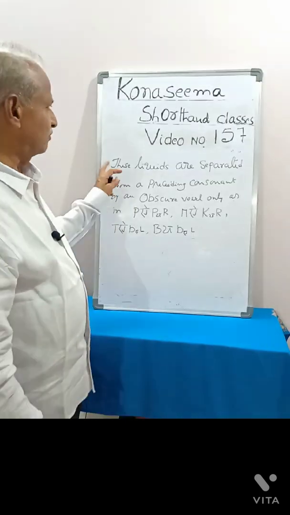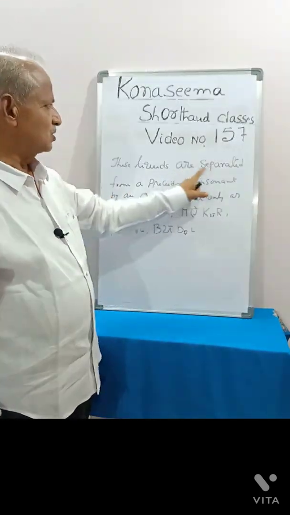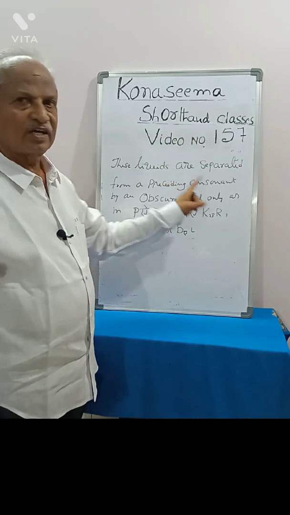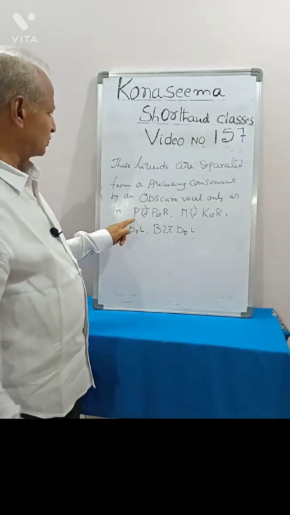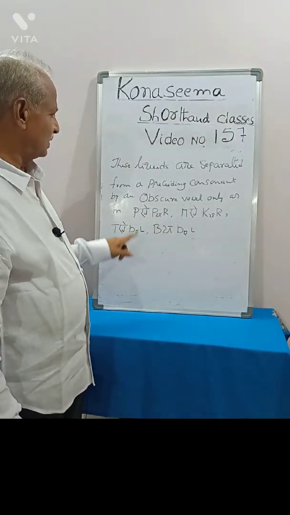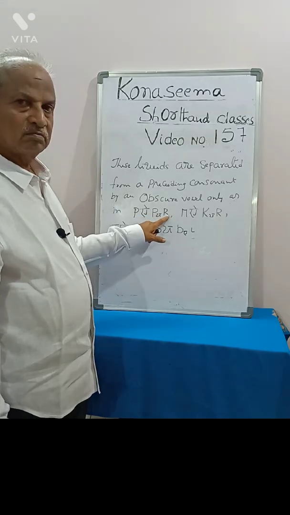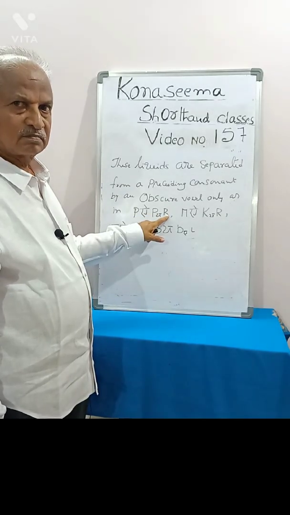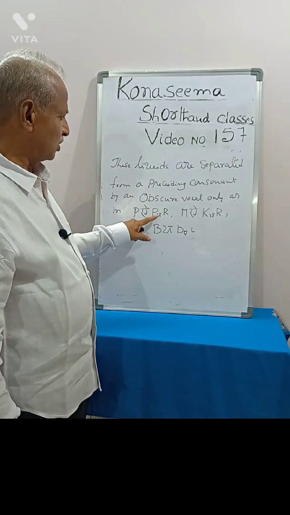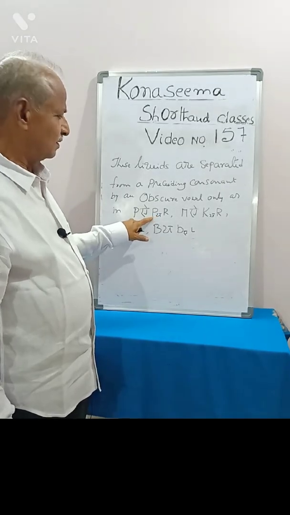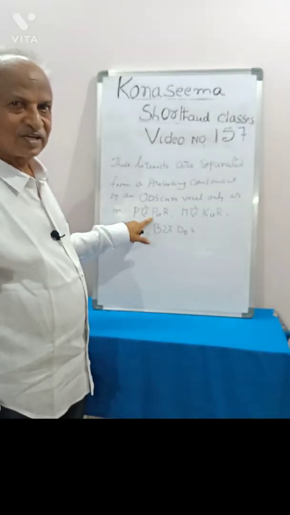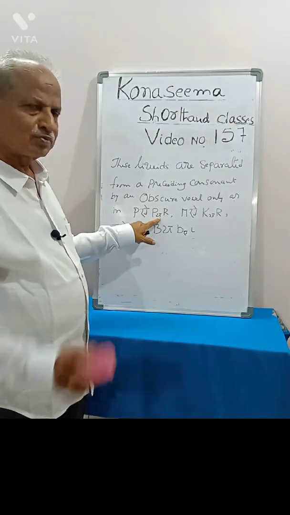Also, these liquids L and R are separated from a preceding consonant. Like here you see paper. This R is separated from the preceding consonant by a vowel. This vowel is an obscure vowel.